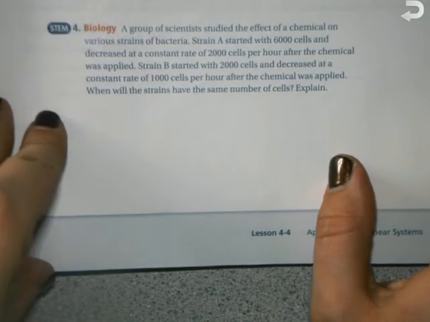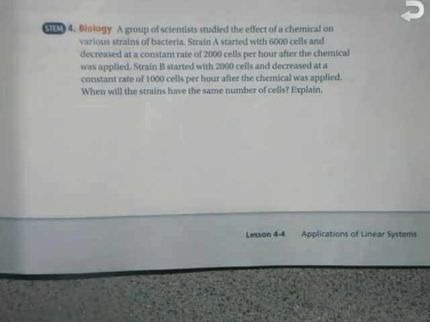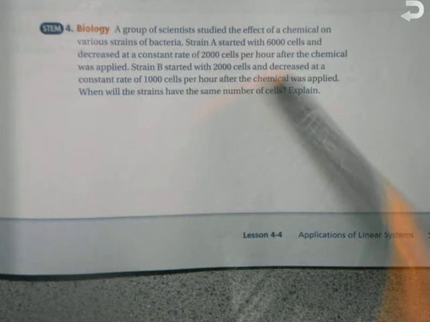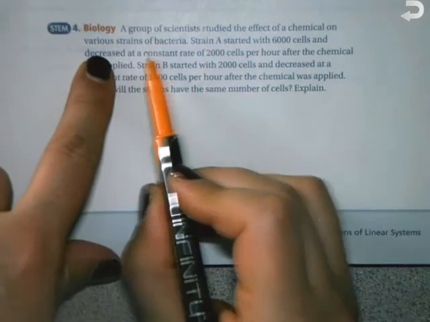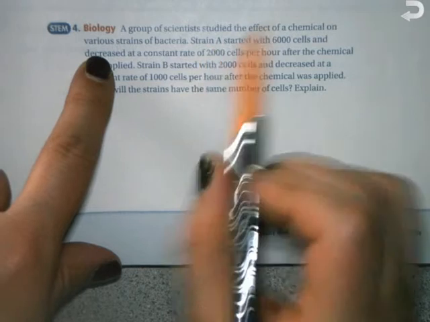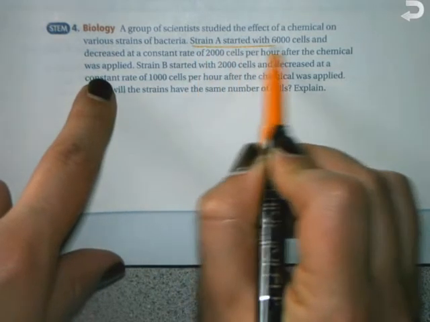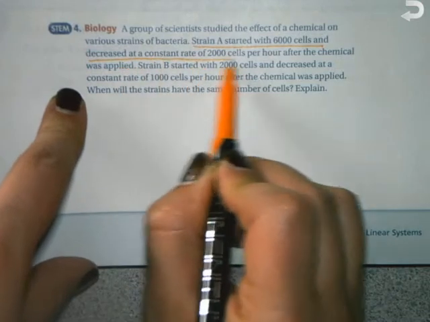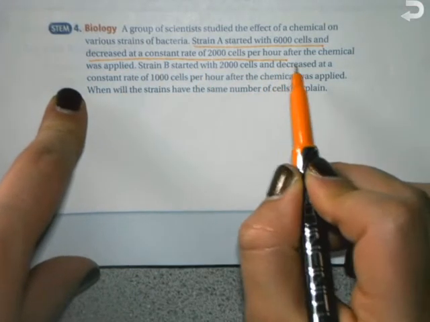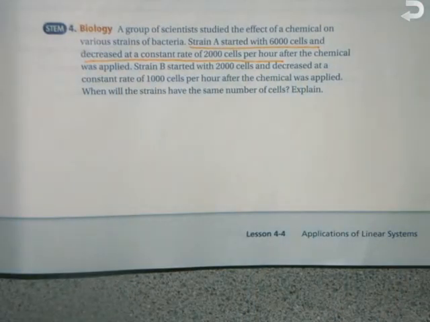So in this biology question, we have a group of scientists that studied the effect of a chemical on various strains of bacteria. Strain A started with 6,000 cells and then decreased at a constant rate of 2,000 cells per hour after the chemical was applied.